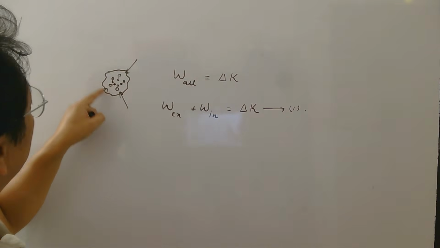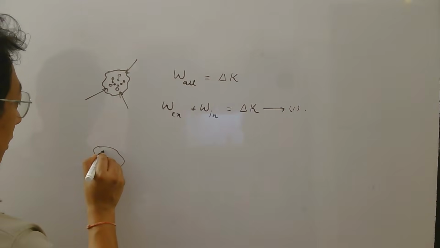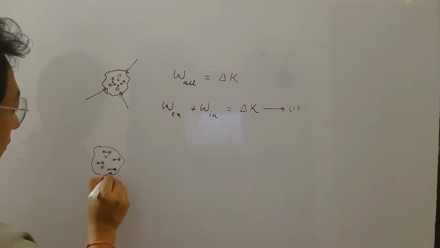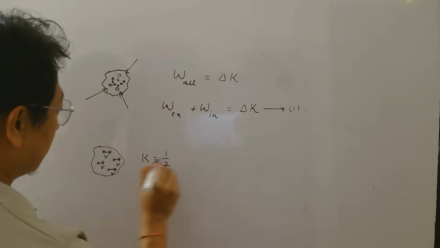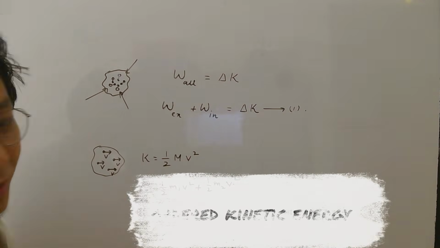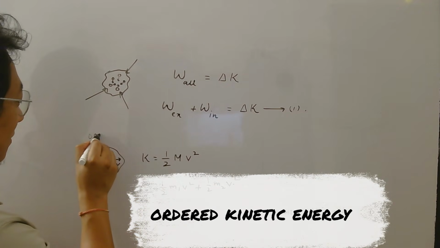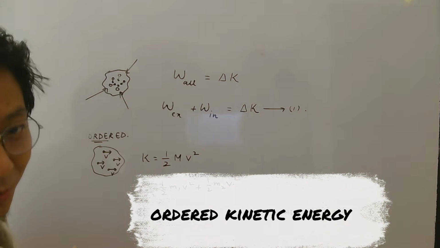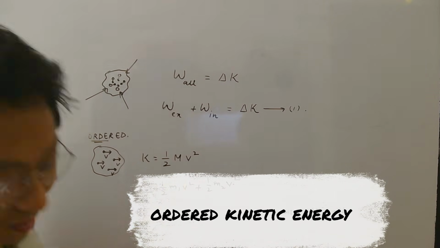Now how do we write the kinetic energy of this system which has particles inside? Well, if all the particles are moving with the same velocity v, then the kinetic energy will be simply half times the mass of the system times v squared. So if all the particles move in a very ordered way, meaning they are all moving together with the same speed, then the kinetic energy is simply half the mass of the body times v squared.